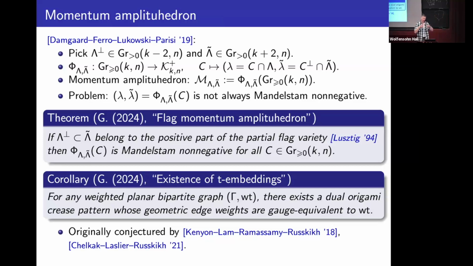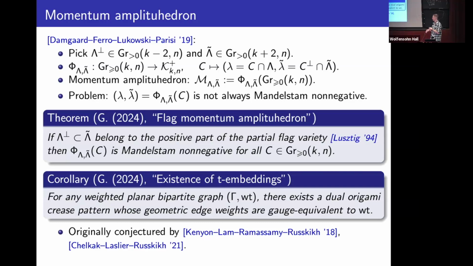Right? They're trying to take sequences of graphs which approximate some region, and then they're trying to show that some functions are conformally invariant. Some functions that come from the dimer model are conformally invariant. And they can do this for origami crease patterns, but they couldn't prove that the origami crease patterns exist.